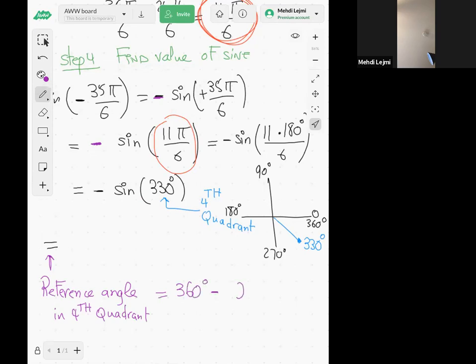Here my angle is 330, so the reference angle is 360 minus 330, which is equal to 30 degrees.